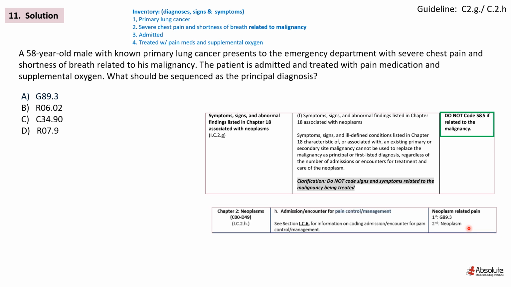And H states that for neoplasm related pain, you code first the G89.3, which is that neoplasm related pain code, and then second, you have the neoplasm. So with that being said, coders, this tells us exactly what our answer is going to be. We are going to eliminate everything except for A, which is G89.3.